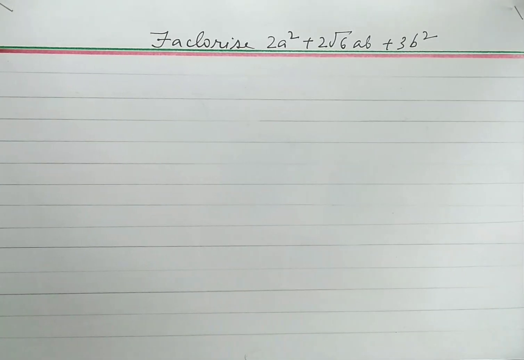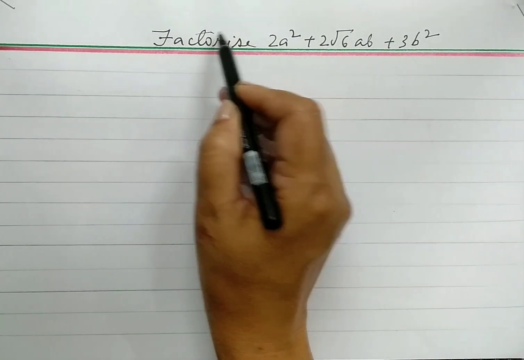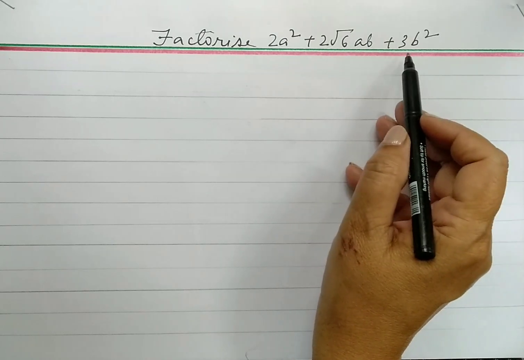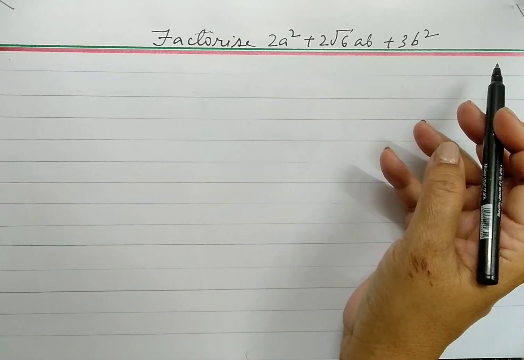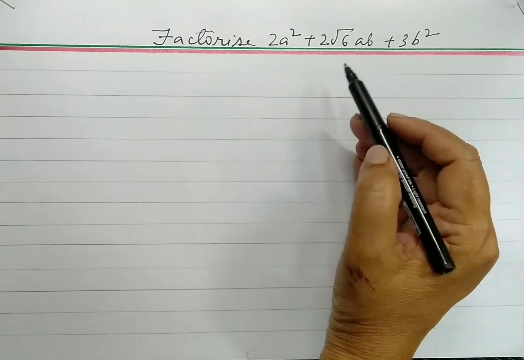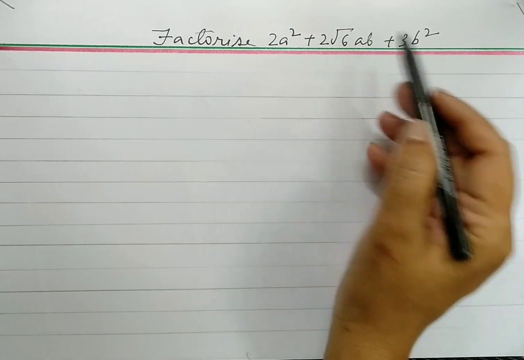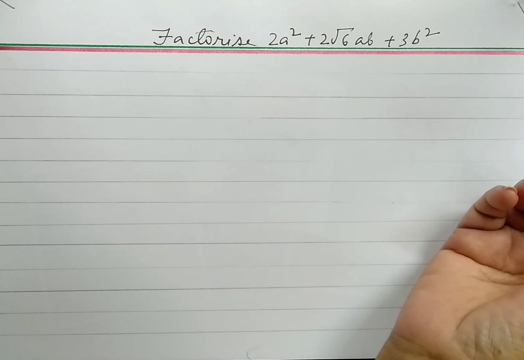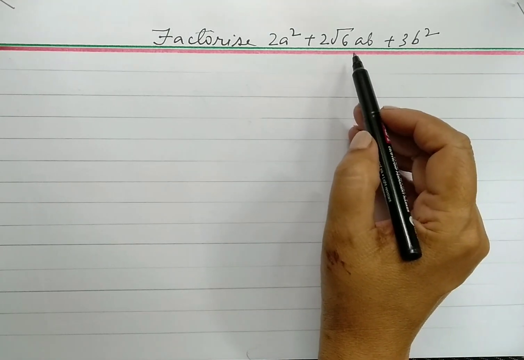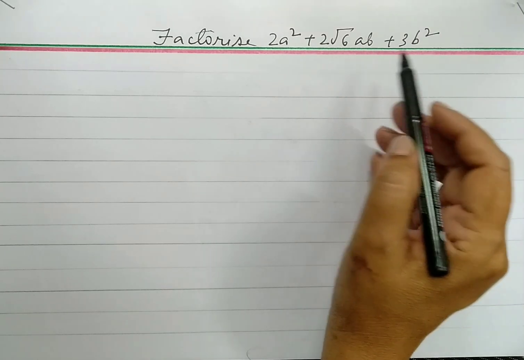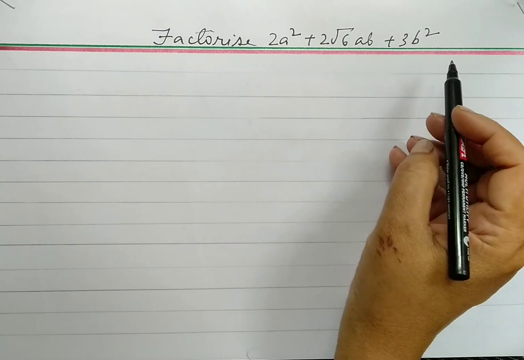Hi guys. So factorize 2a² + 2√6ab + 3b². Now this seems a little weird because we suddenly have a √6 given here in the middle, which means that √6 has to be dealt with seriously, right?